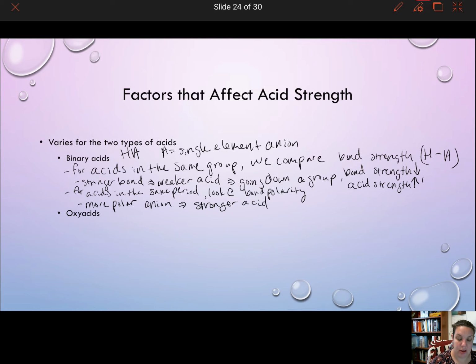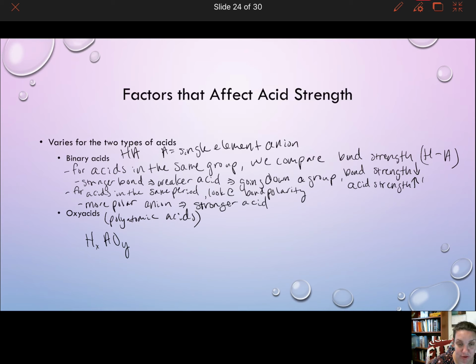Okay. We also have oxyacids. These are going to be our polyatomic acids. And we look at two things. We're either going to look at the electronegativity of our non-oxygen atom or the number of oxygen atoms that are there. So our oxyacid, it has some amount of hydrogens, and then we have some other element, and then we have oxygens.